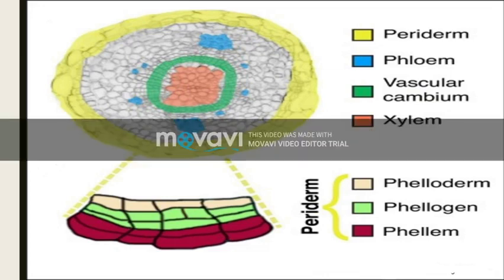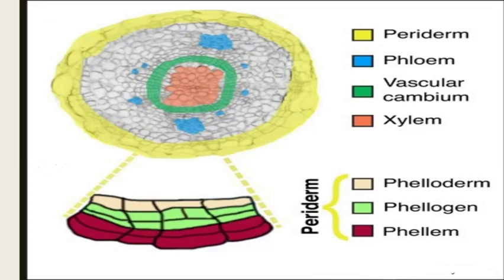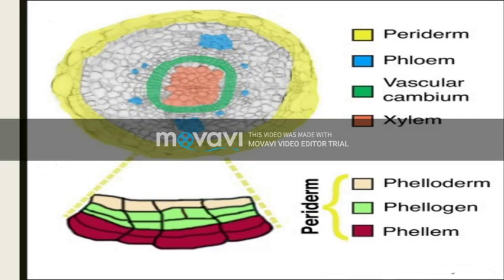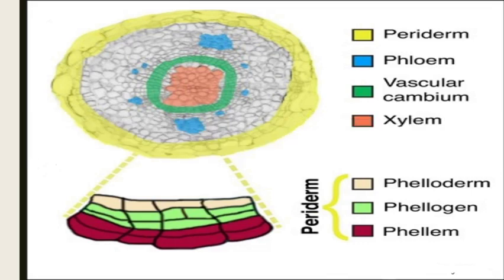In the periderm, the outer layer is phellem, then phellogen, which is meristematic in nature, and it forms layers below and above it. The layer below is phelloderm, and the layer above is phellem. The phelloderm is first meristematic and parenchymatous in nature, as we have seen in the previous slide. When it forms, its tissues are parenchymatous, it contains chloroplast, and photosynthesis takes place here.